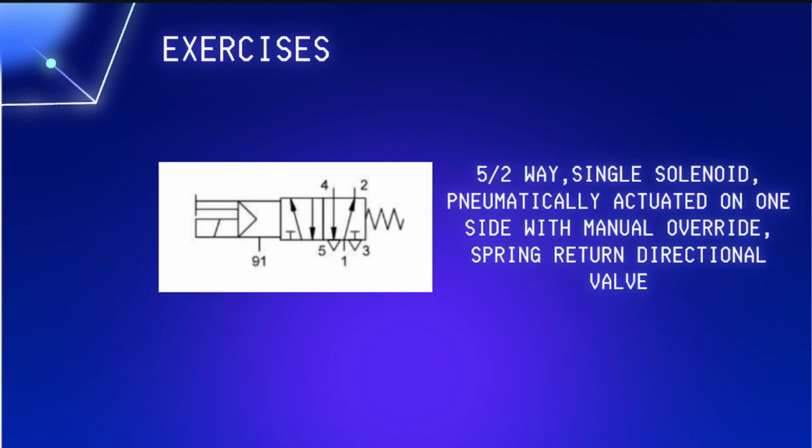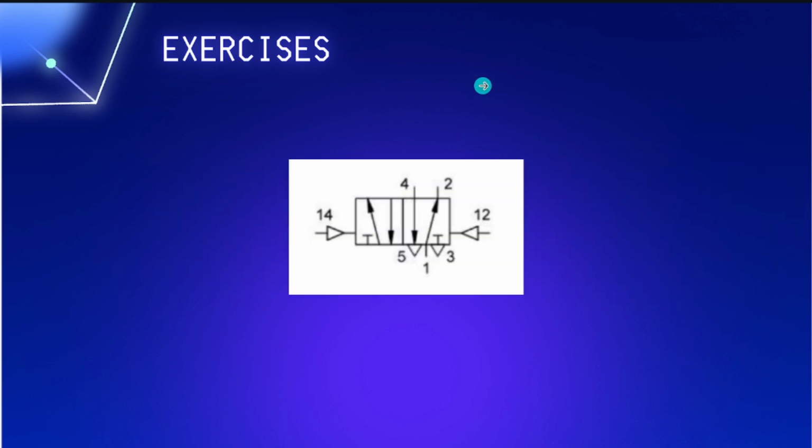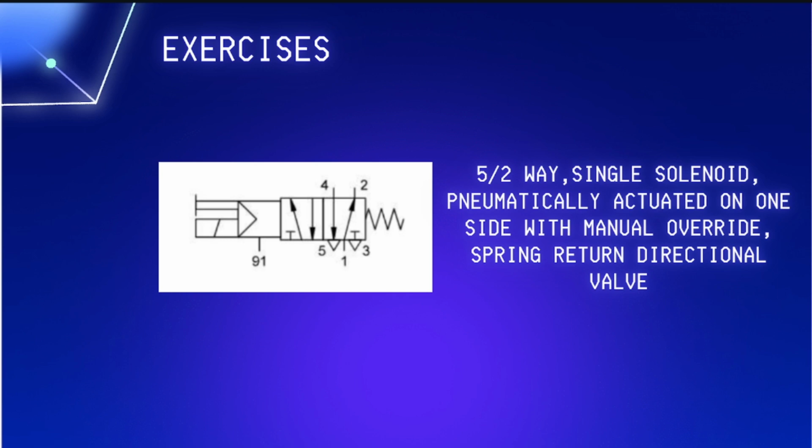Next example, an example of a combination of directional valve. So this example is an example of a 5-2-way single solenoid pneumatically actuated on one side with manual override spring return directional valve. So 5-2-way kasi 5 ports, 2-way kasi 2 positions or 2 boxes. And then since 5-2-way na siya, hindi na natin ilalagay kung normally closed or normally open.